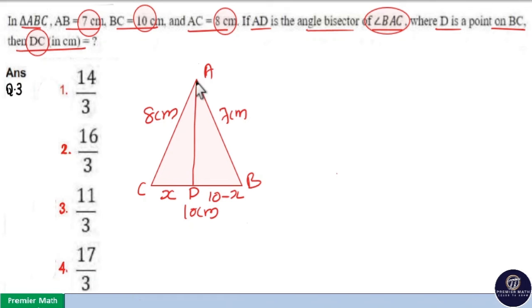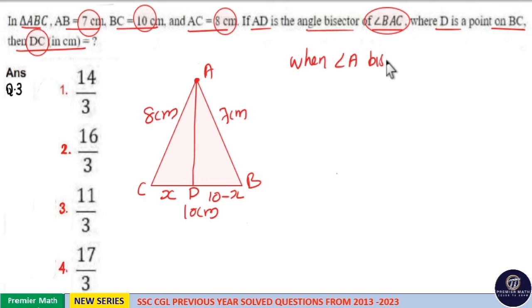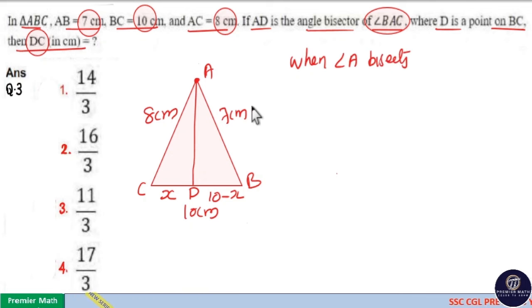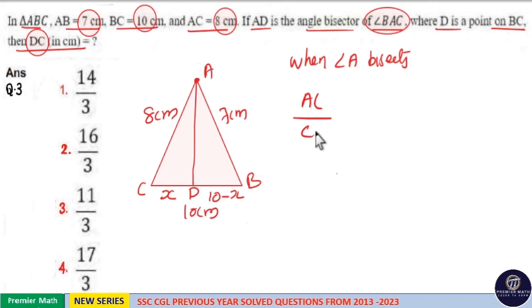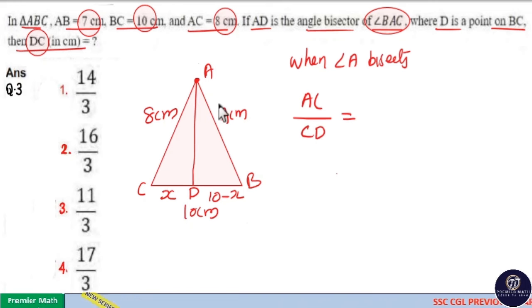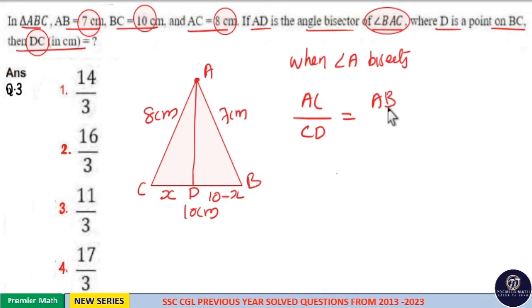Whenever angle A bisects, the nearest sides of angle A are AC and AB. Now ratio of AC and its nearest side CD is equal to ratio of AB and its nearest side BD.